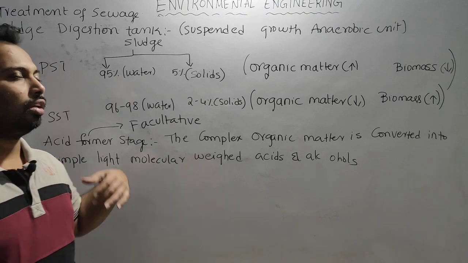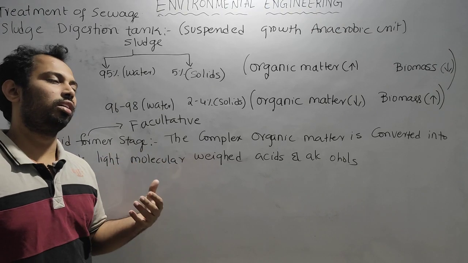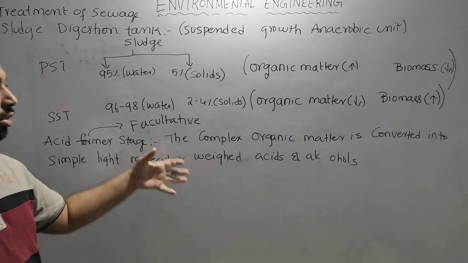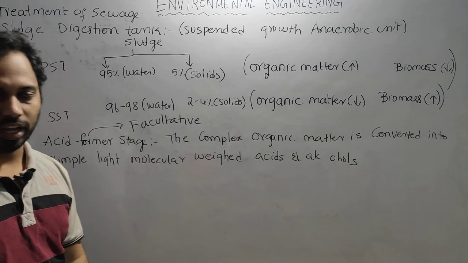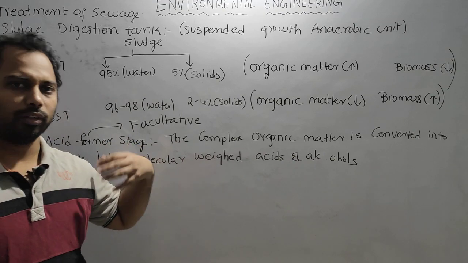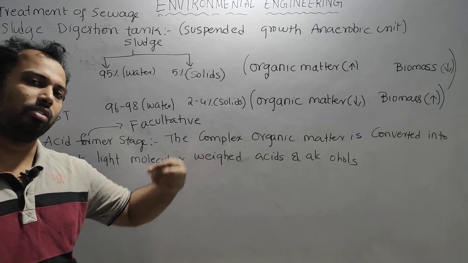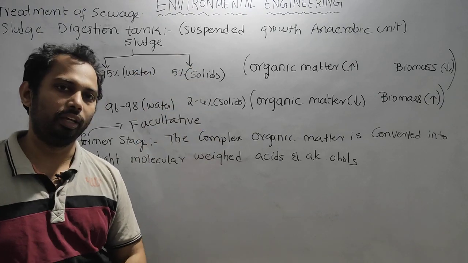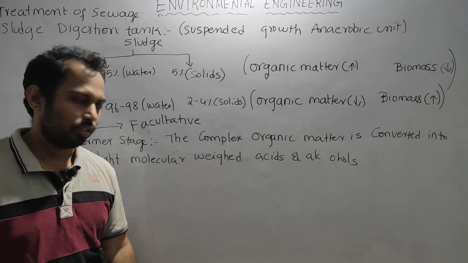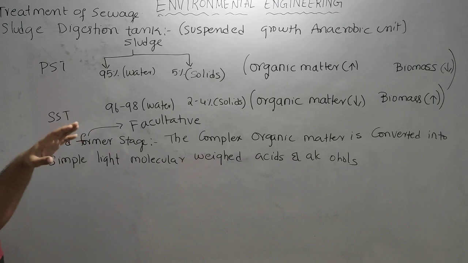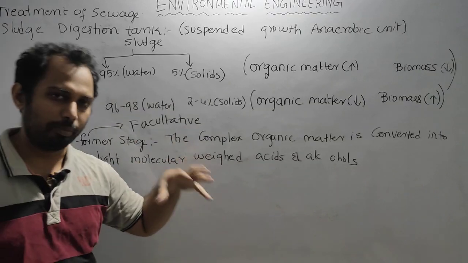So the rainwater is not anticipated into this sludge digestion tank. With those kinds of shock loadings, because of the rainwater, the organic matter concentration of the sewage will suddenly fall completely, and the pH will change. The methane formers work within a specified pH.